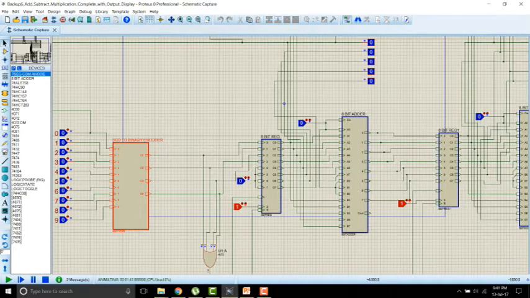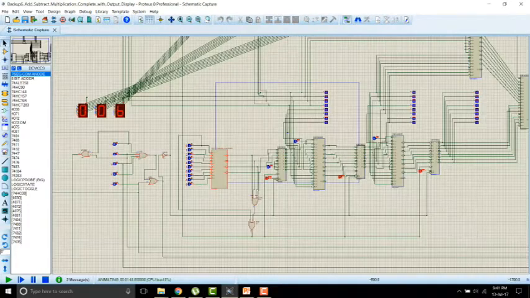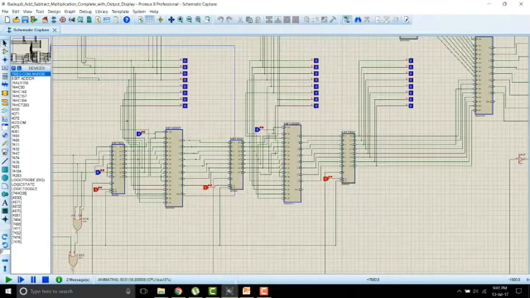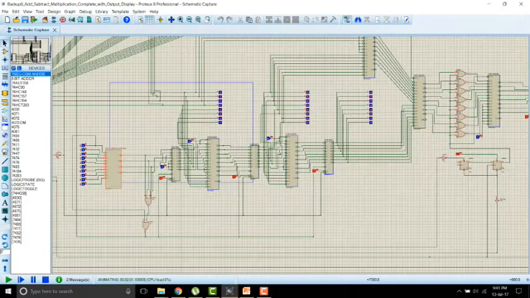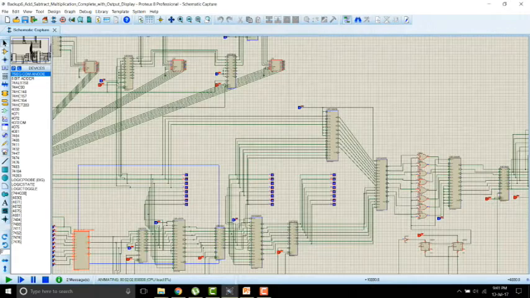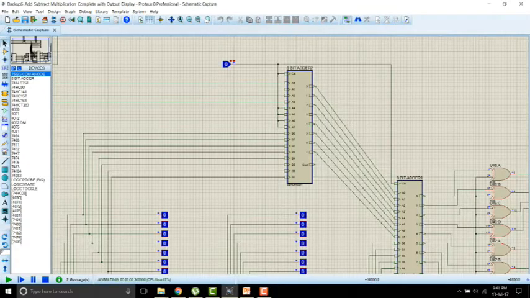Next, that number is saved into another register, and when I press another number, it goes to another 8-bit adder to be multiplied by 10 again. So now it's equivalent to a 100 place number, and the 3 inputs are added together in this adder.